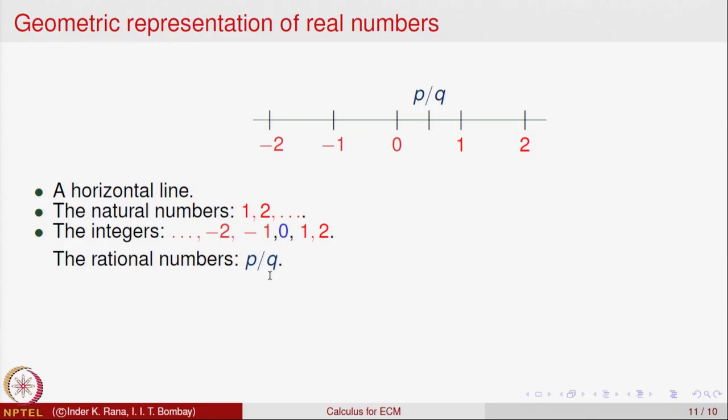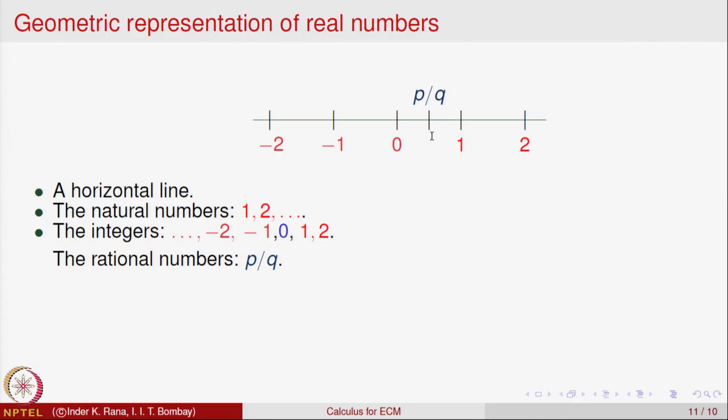So, if you think of a rational number as p by q, supposing this number is between 0 and 1, bigger than 0 and less than 1, then we want to give a position to it somewhere here.